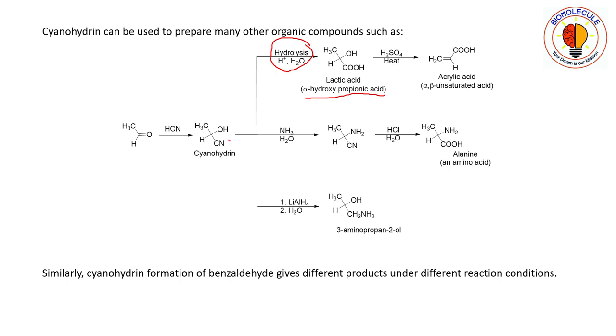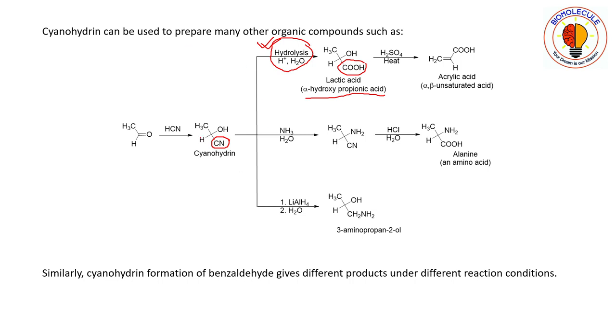The cyanide group in the presence of water hydrolyzes to a carboxylic acid. You will learn this reaction in the preparation of carboxylic acids, how the hydrolysis of the cyanide group leads to the carboxylic group.